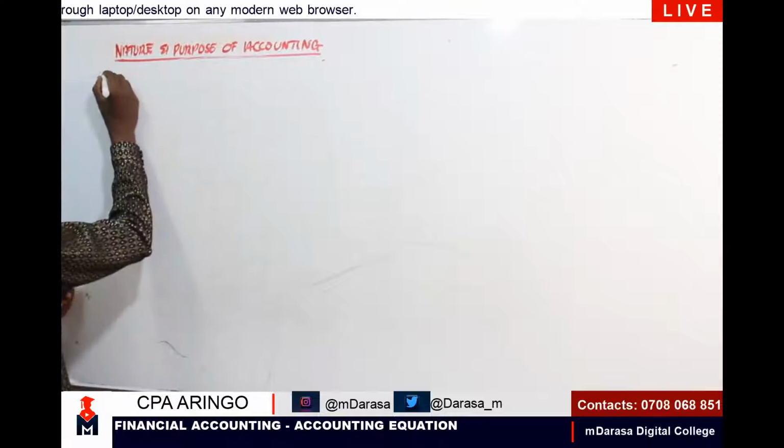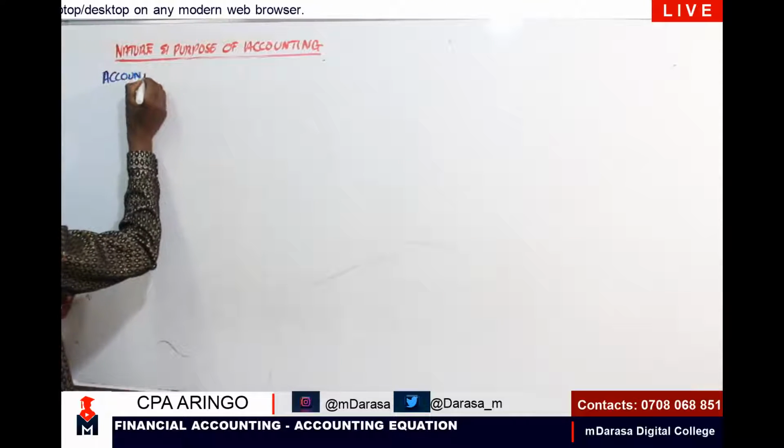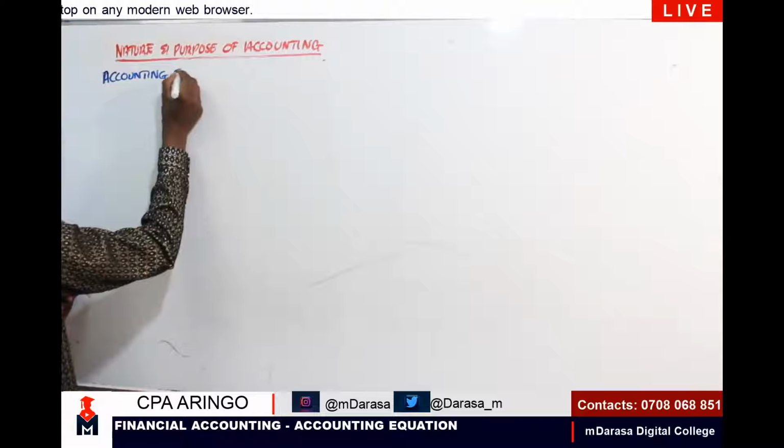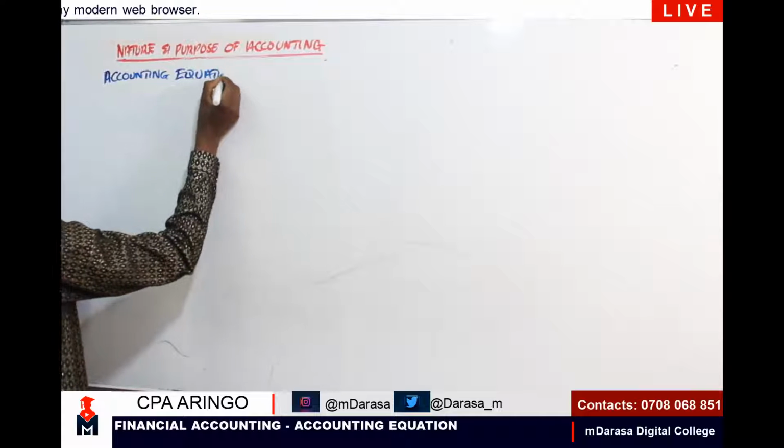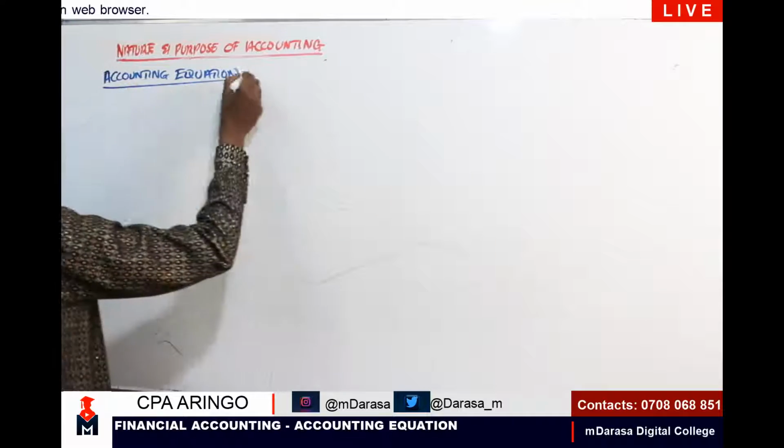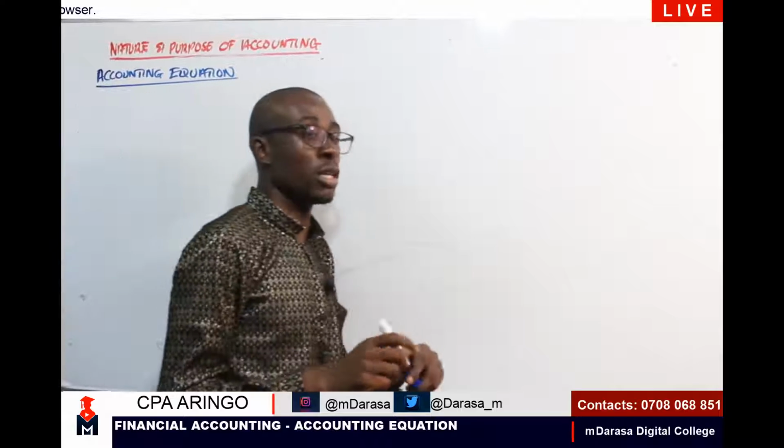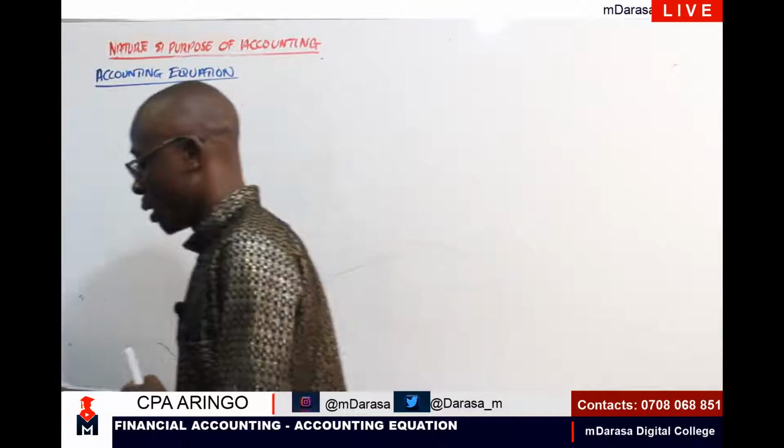So our concept of today, my good students, we are looking at what? Accounting equation. Accounting equation is a concept that Mwalimu will want to summarize in our class today.